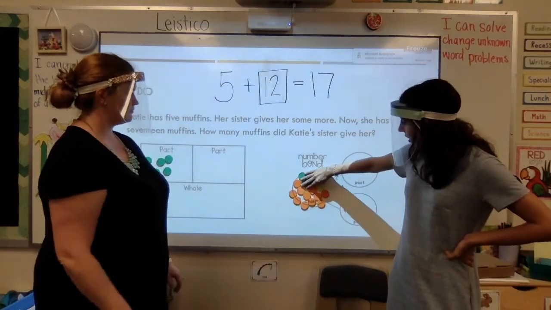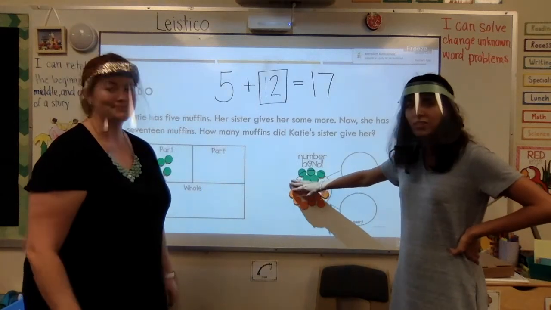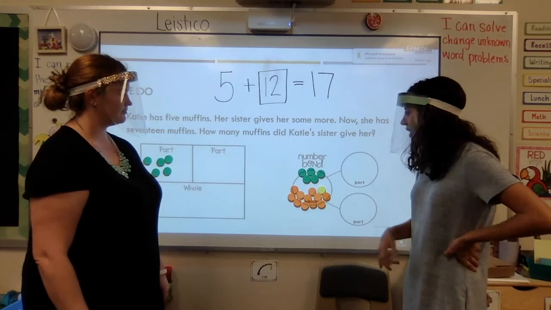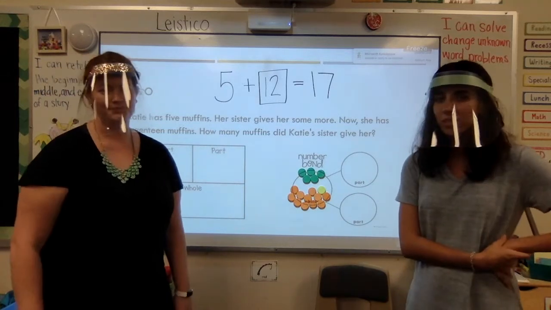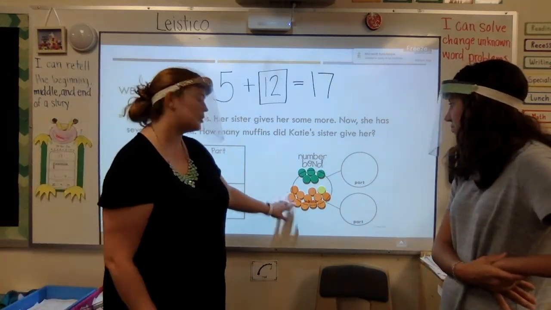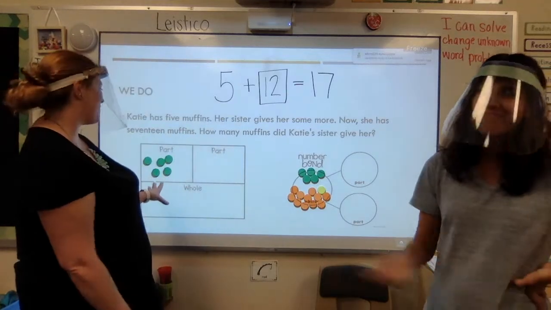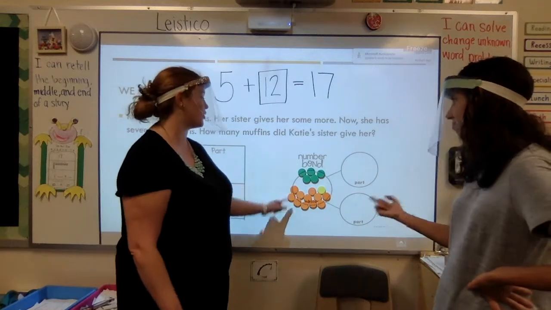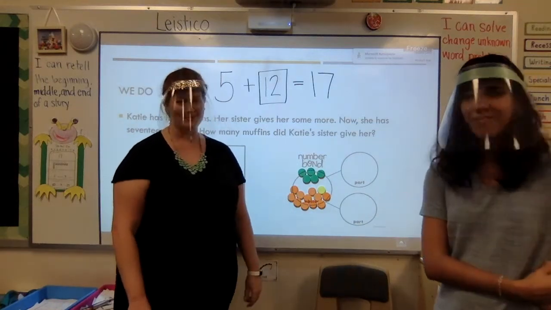And you can pretty clearly see, because we use 2 colors, how many you have to add on in order to make the total amount. And we already had the counters counted out because we used them on a part whole mat. I wouldn't just throw counters on there. We would have to make sure that is the correct total amount.